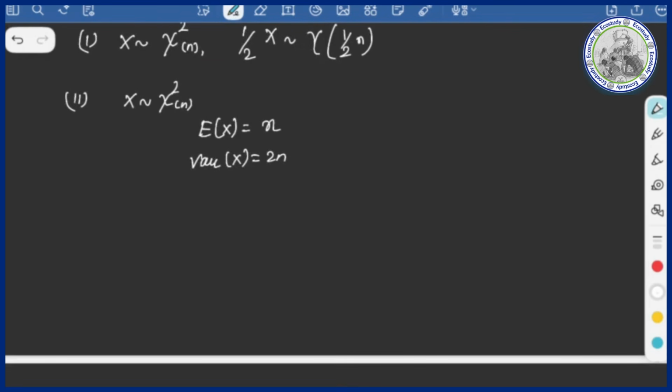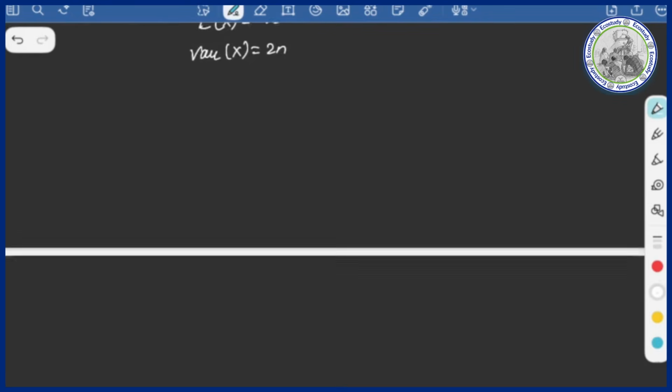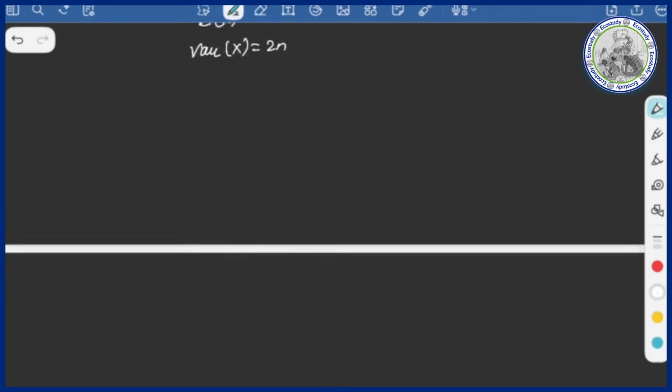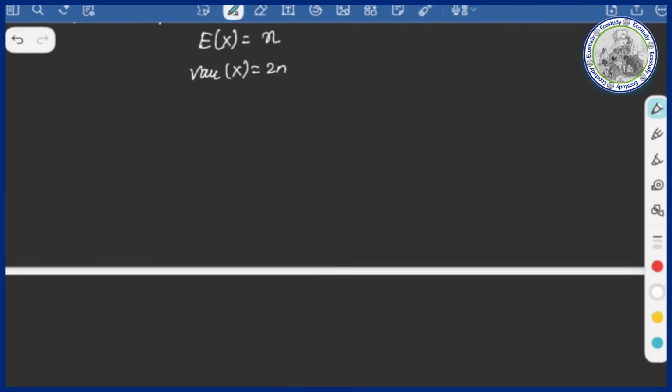And then we have the mode: the mode of the chi-square distribution will be n by 2. Now there is an additive property.